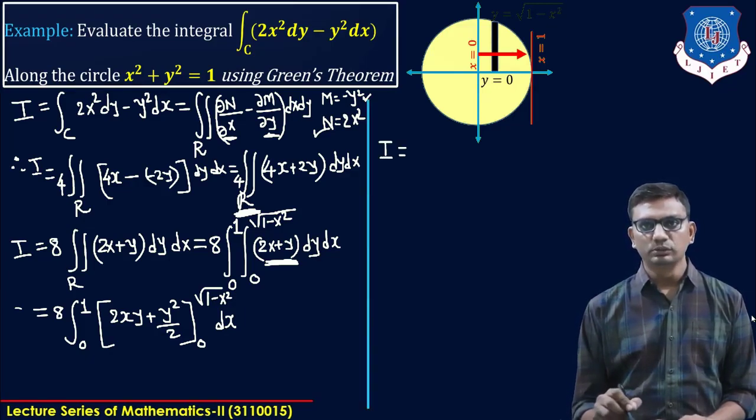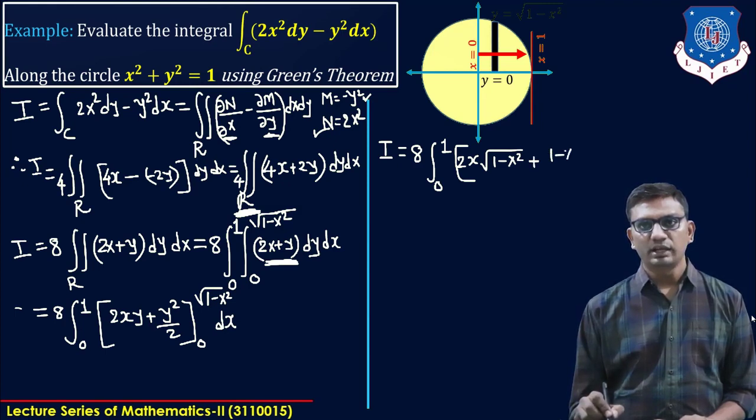Therefore I equals 8 times the integration 0 to 1 of 2x under root 1 minus x square, which is the upper limit, plus 1 minus x square by 2. The lower limit is directly 0.